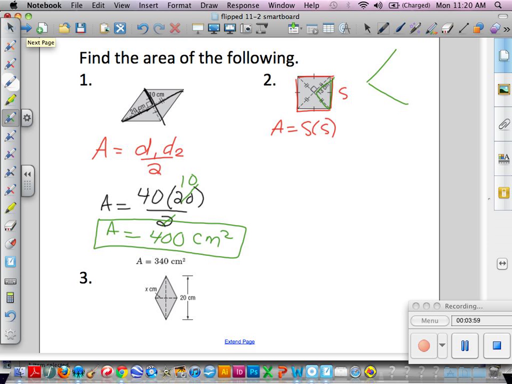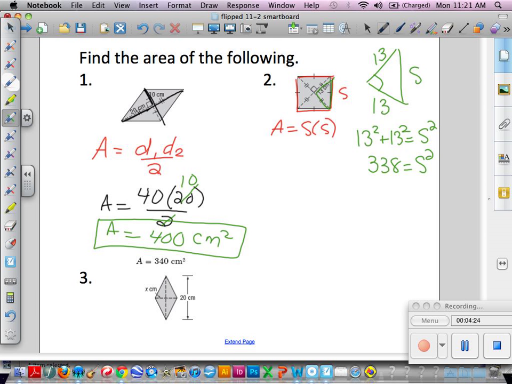This is 13, this is 13, and I'm looking for my s. I'm going to take 13 squared and 13 squared to get my s squared. So 13 squared plus 13 squared gives me 338 as my s squared.